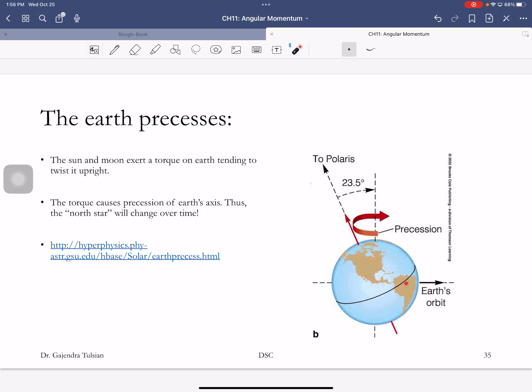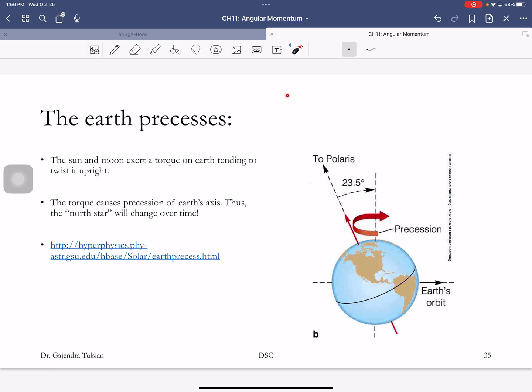But the Earth is not a perfect sphere, and the gravity of the sun and the moon are trying to topple the Earth. They exert a torque on it, so that should make the Earth's axis precess. And of course, we have made these observations. What is the North Star?